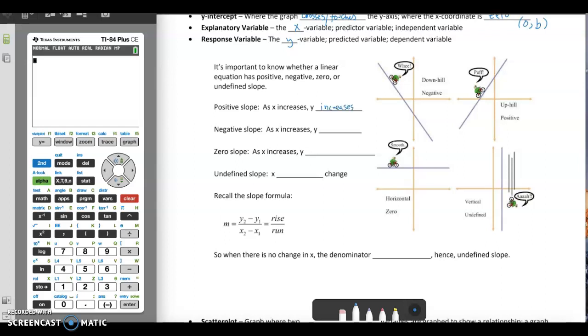So if we look at our images, the uphill, the positive slope over here, as we go farther and farther on the x, as the x's get bigger, notice so do the y's. Negative slope means as your x increases, your y actually decreases. So the farther we go out in the x direction, the smaller those y values get.